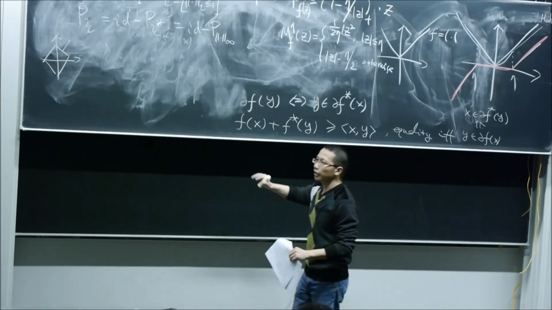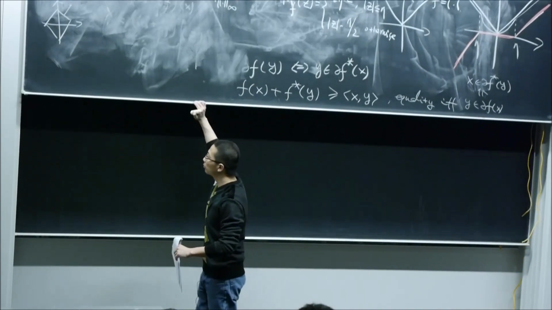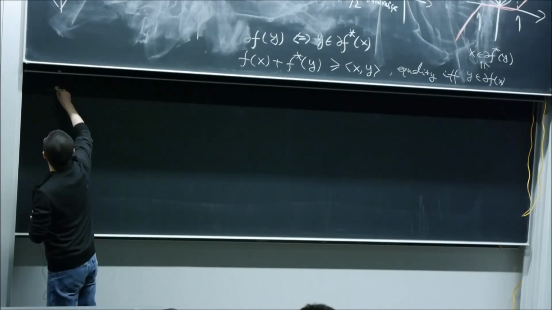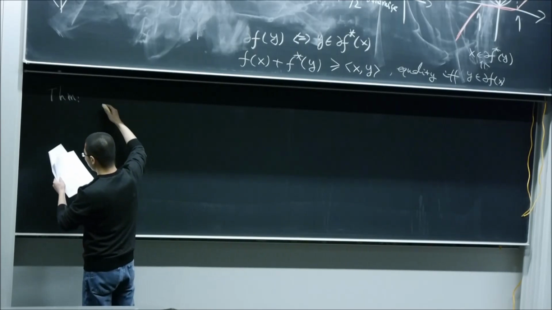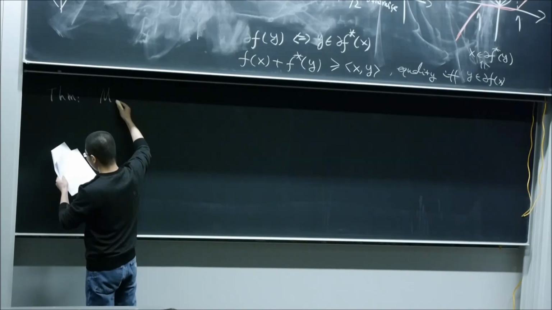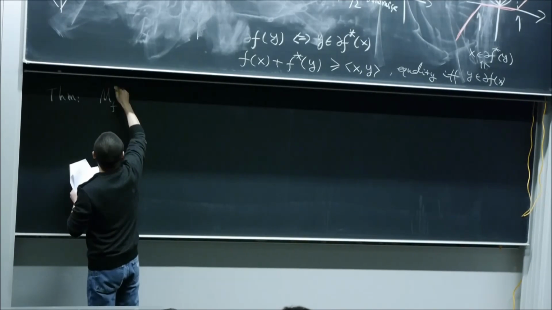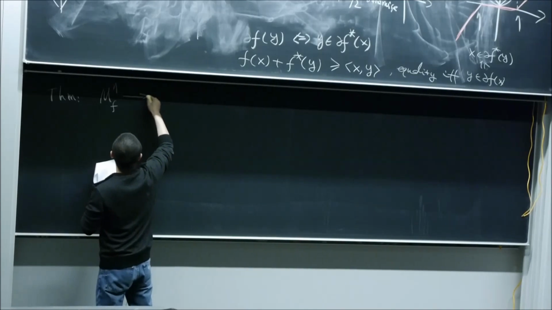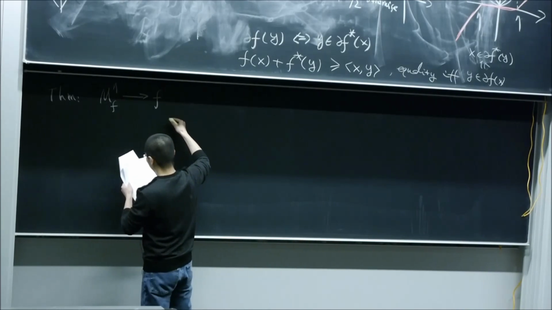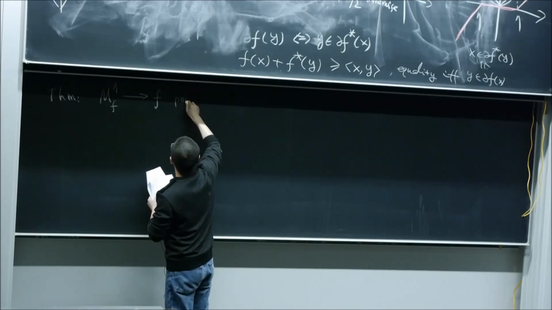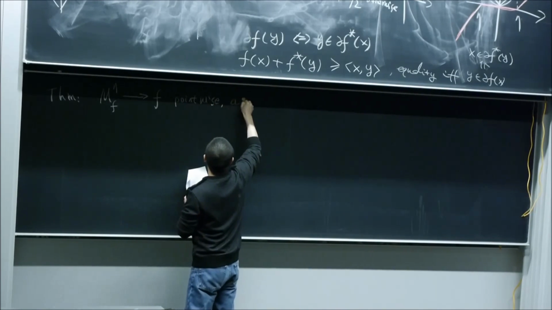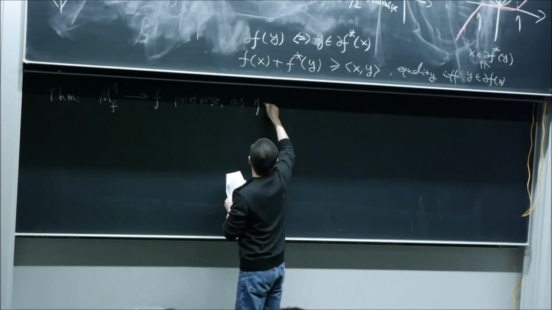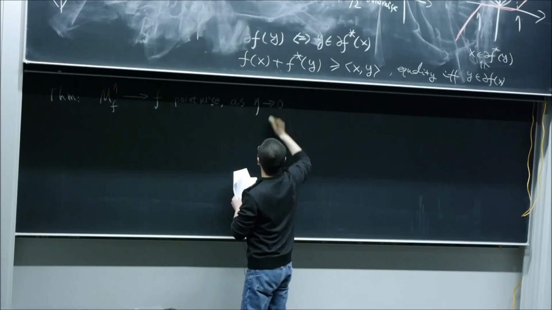This actually can be made rigorous. So you can prove the following, again a theorem. This theorem is not due to Moreau, but it's a nice theorem. M_f of eta converges to the function f pointwise as eta goes to 0.